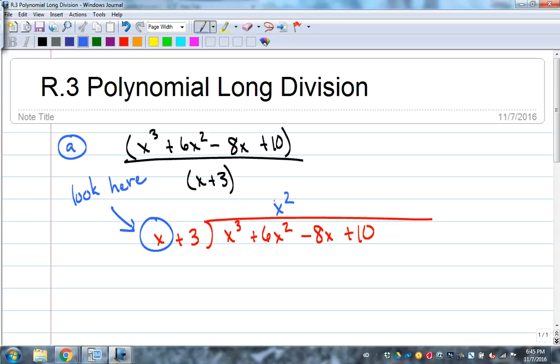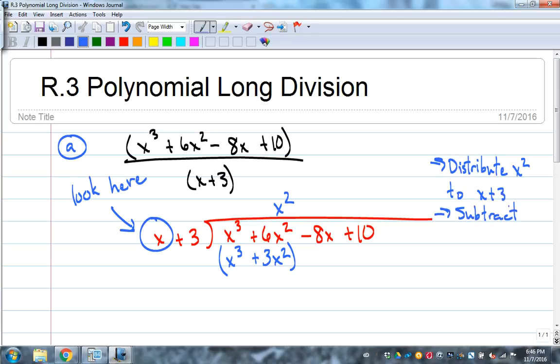The next thing to do is distribute x squared to this polynomial that's out front. So x squared times x is x to the third, and x squared times plus 3 is plus 3x squared. Then subtract.